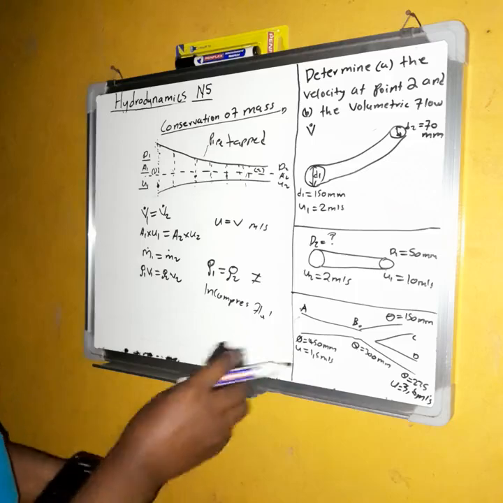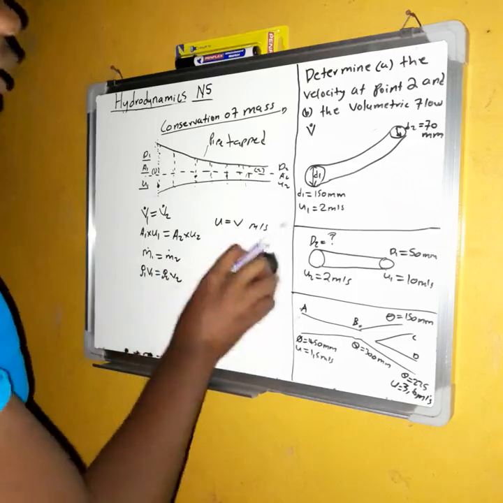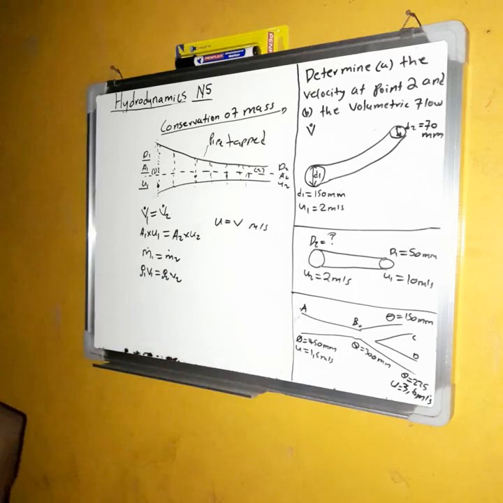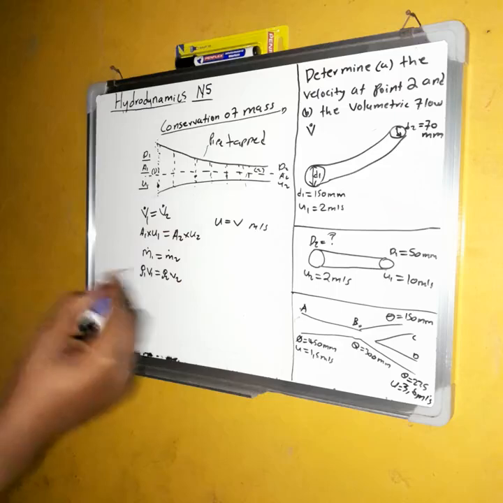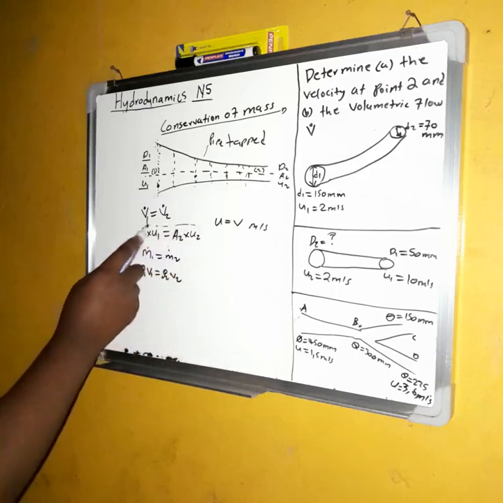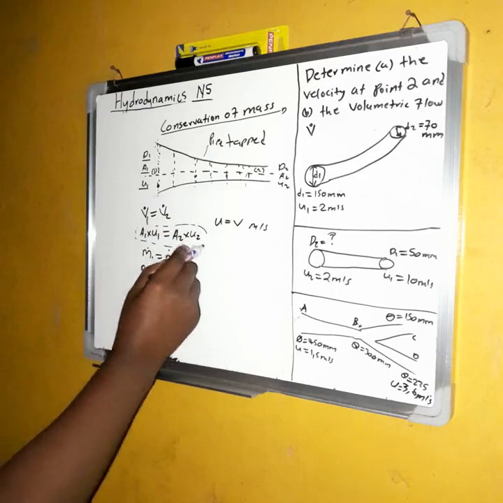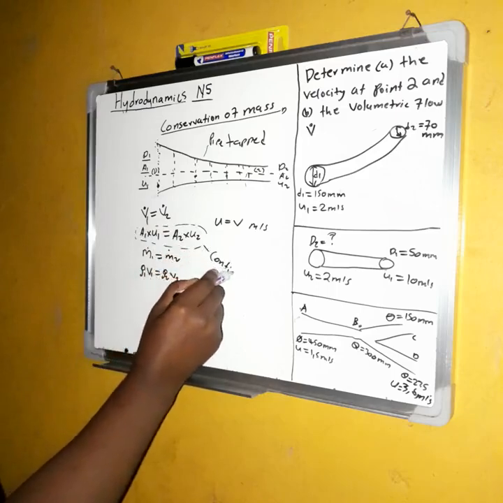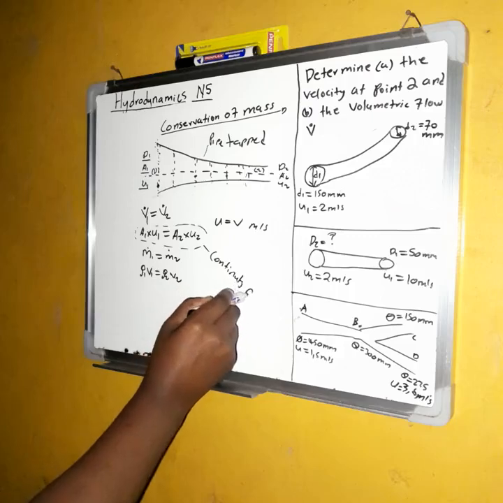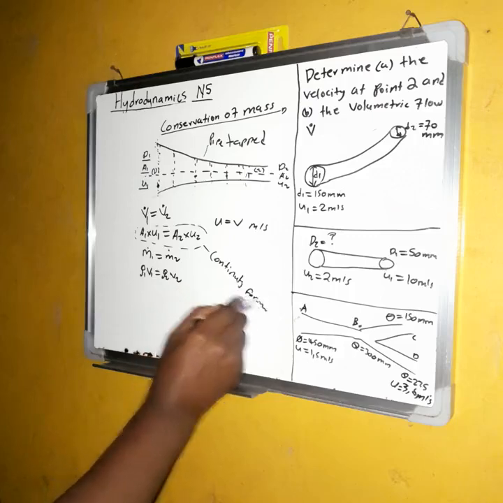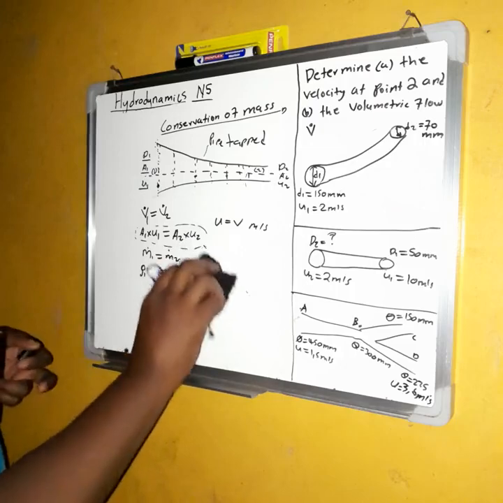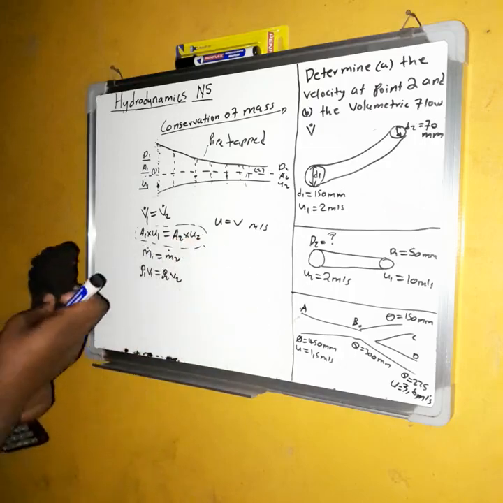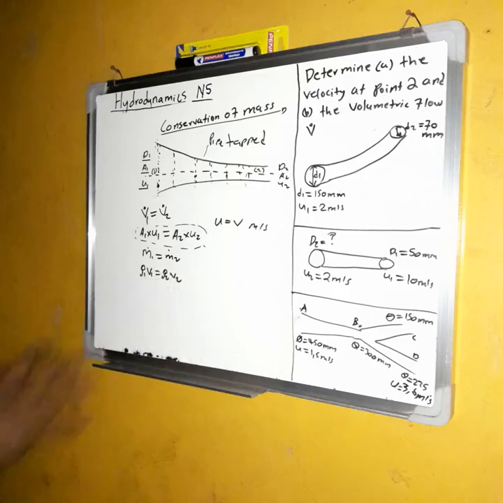Here we won't deal with incompressible fluid, here we'll deal with compressible fluid. So you must know this. Most of the time we'll use this, we call this the continuity formula. Right, we'll apply this continuity formula.